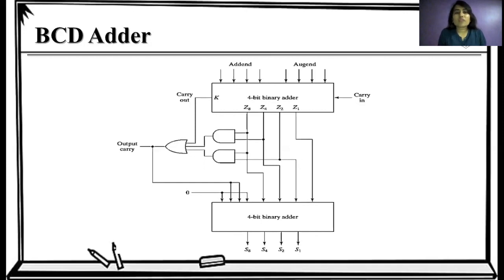Now here we have the 4-bit numbers A and B. A and B are added in the 4-bit binary adder, and we have the sum bits Z8, Z4, Z2, Z1.